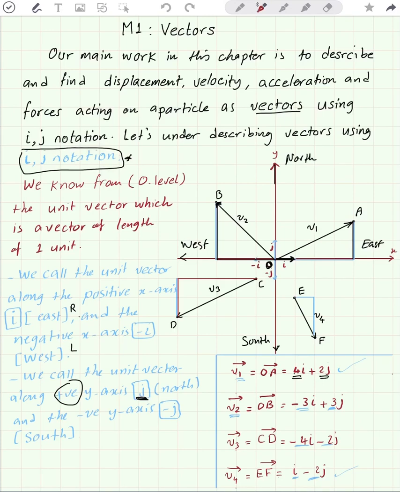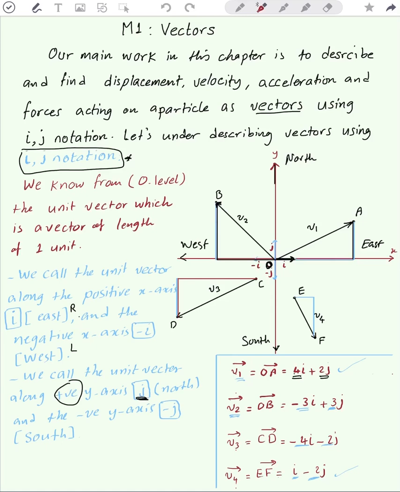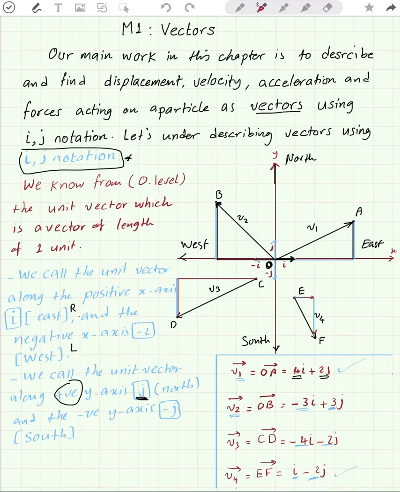The same for V4, it's plus I because it's 1 unit to the right, the vector EF, minus 2J. This is the meaning of IJ notation.